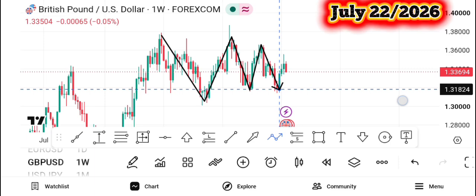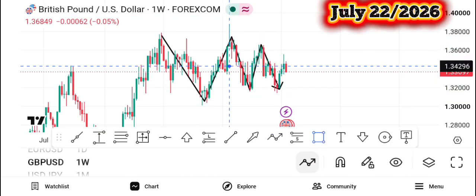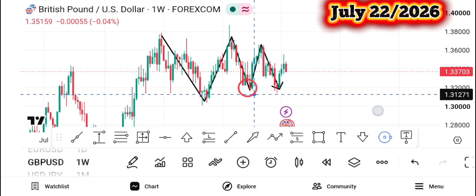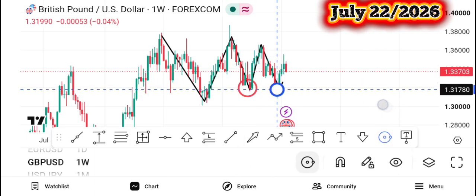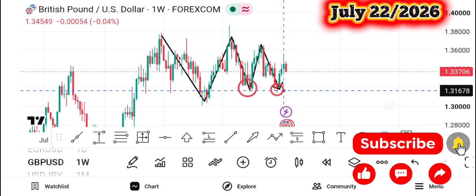Yes, so price is here actually. So now if you observe something, I do support and resistance. If you observe very closely, you will see that price has tested this first support level here, and it has tested this second support level here. That is to say, this trade is actually on an uptrend.